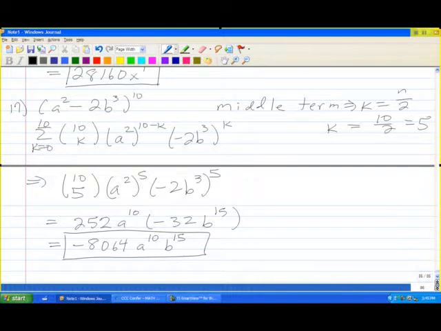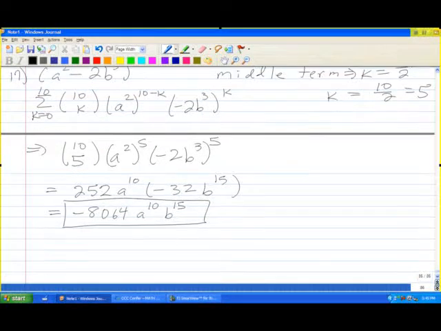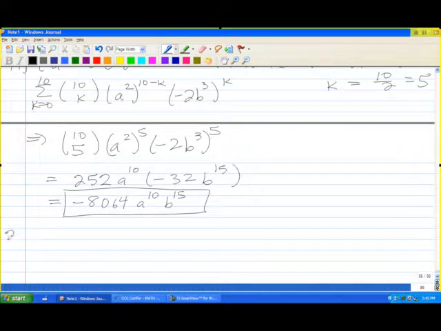Let me do problem number 21. X to the 4 minus 3 over x squared, to the 6. And I want to find the constant term. Well, what do we mean by constant term?